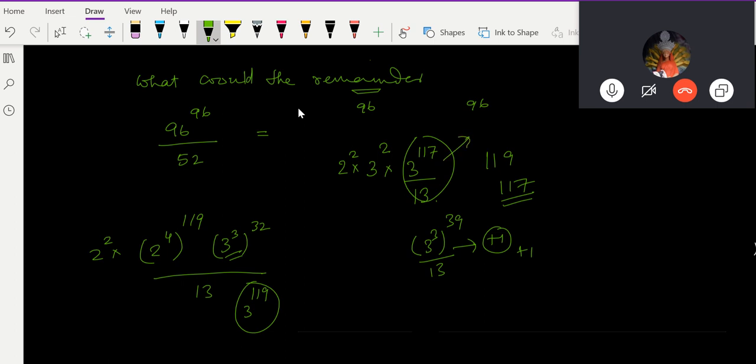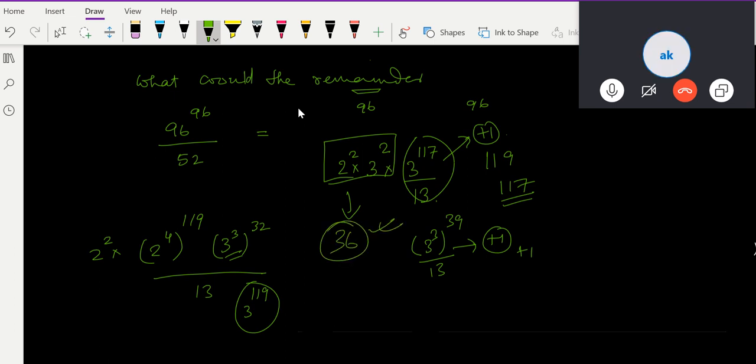So I am left with this one. Now what is this? 36. This would be the remainder. Okay. Got it? Not 40. Clear?